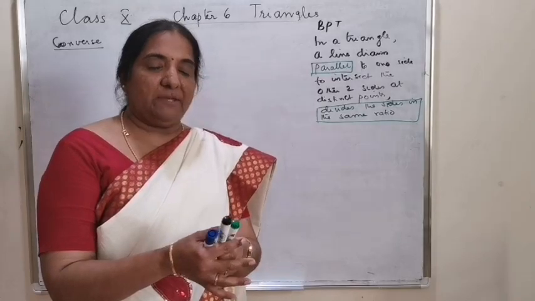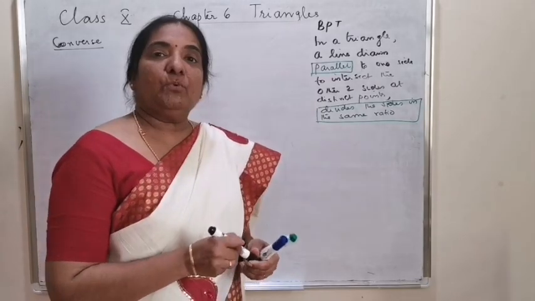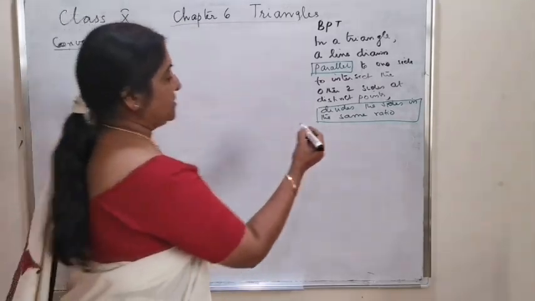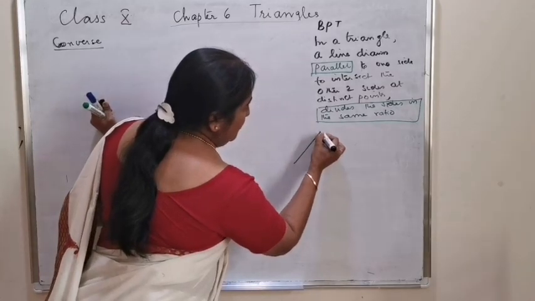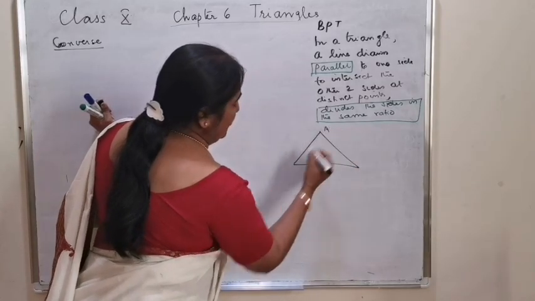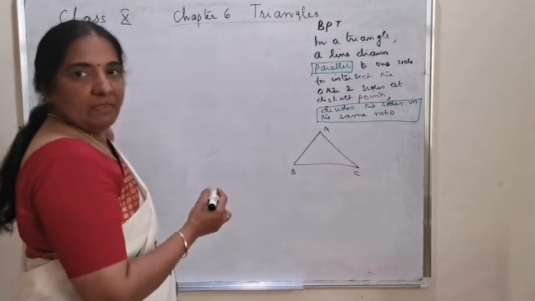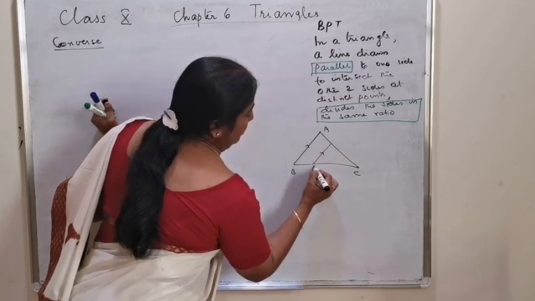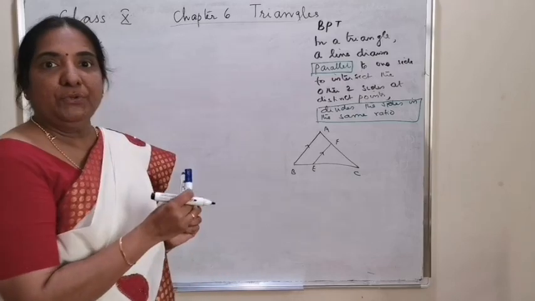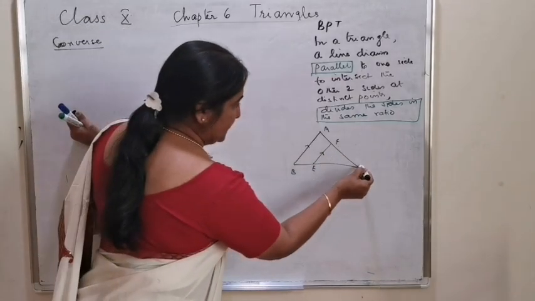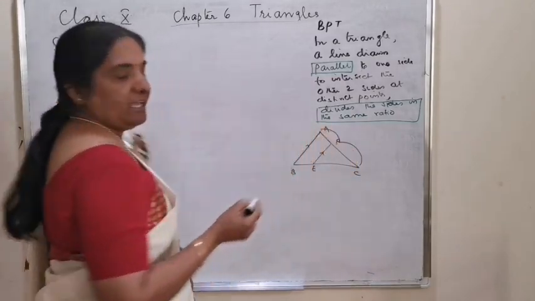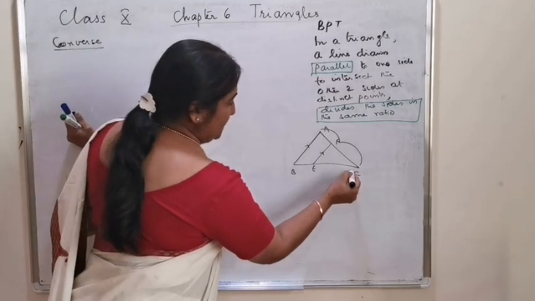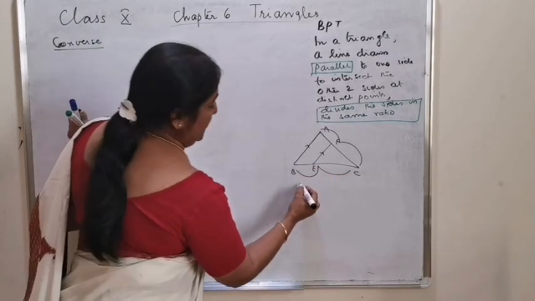Based on this, the application is that you have to identify a triangle ABC and identify a parallel line. How do you divide the sides?